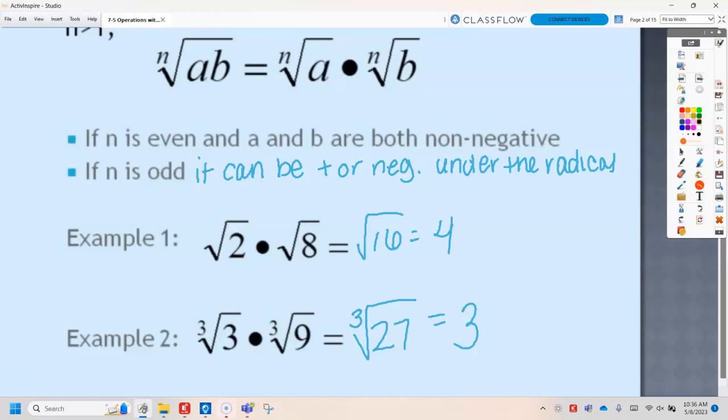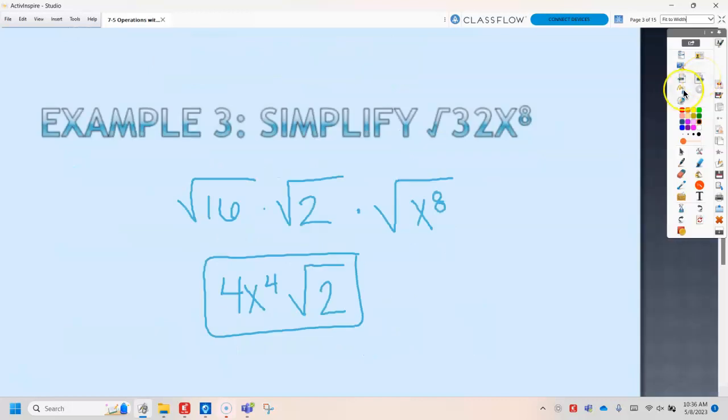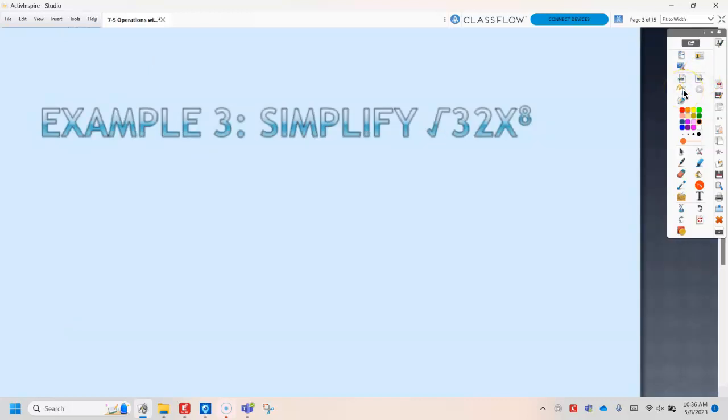We can also do the converse of that, which means we can take a big number and break it into smaller numbers. So the square root of 32 x to the 8 can be rewritten as 16 and 2.